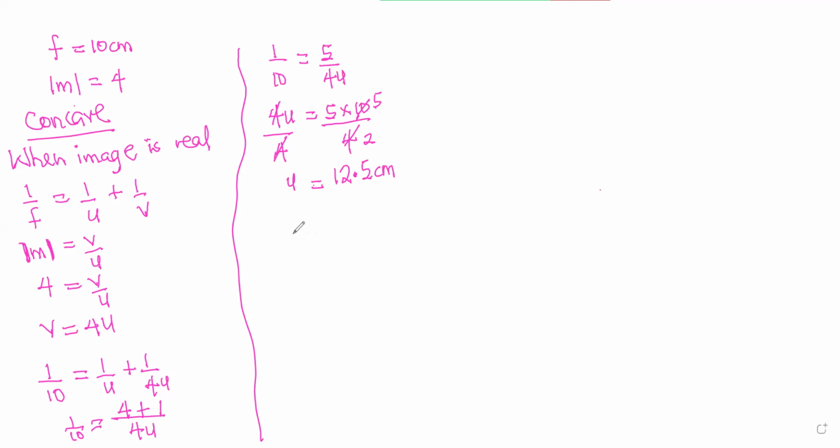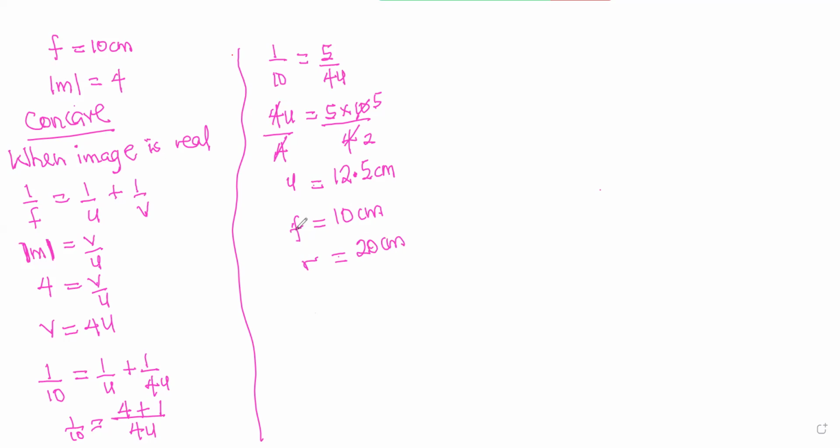So object distance is 12.5. F is equal to 10. What will be the value of R, class? If F is 10, what will be R? 20. 20 centimeter.